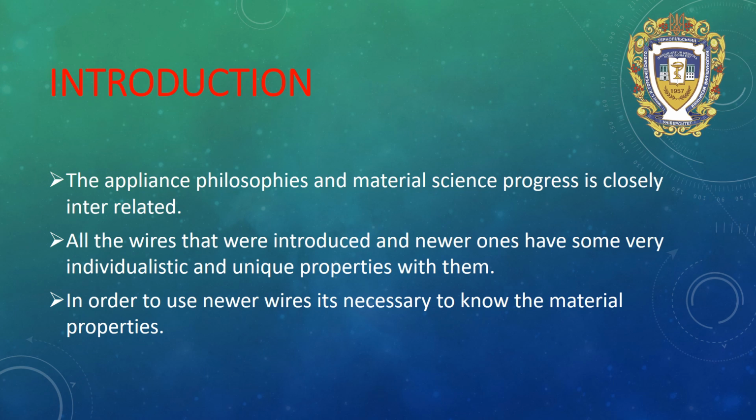The appliance philosophies and material science progress are closely interrelated. All the wires that were introduced have some very individualistic and unique properties. In order to use newer wires, it's necessary to know the material properties.